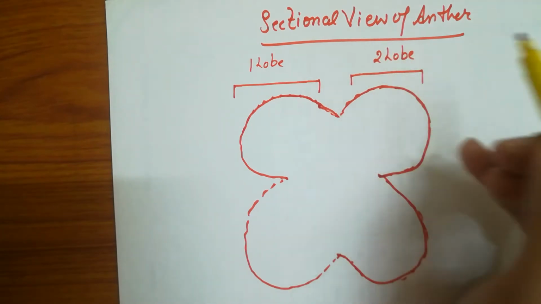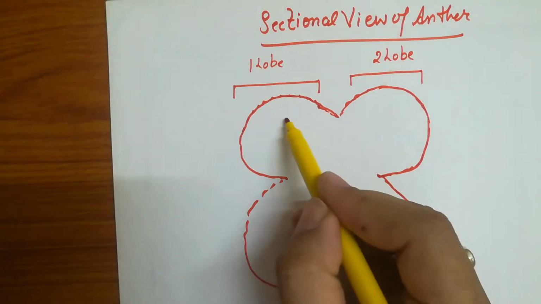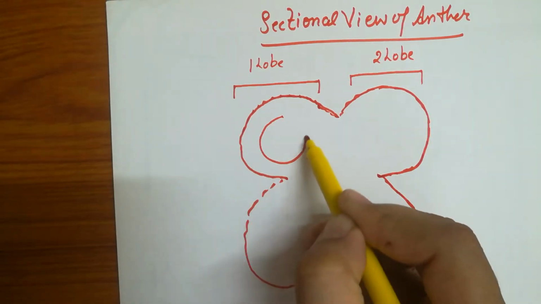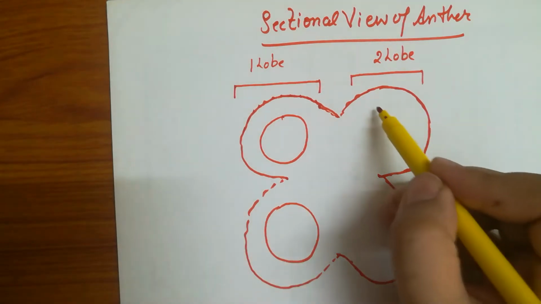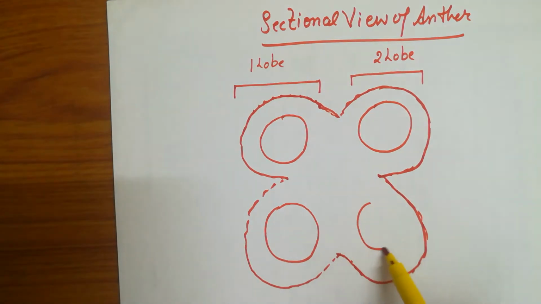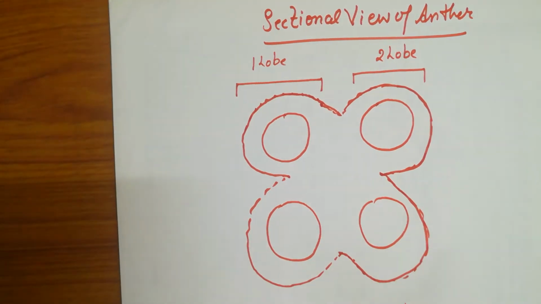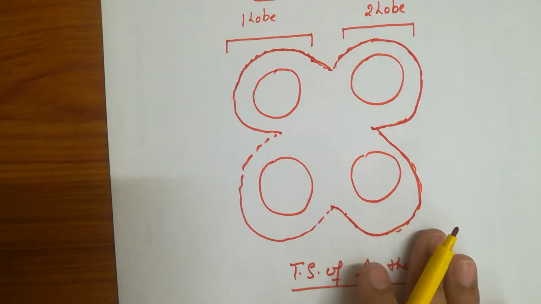Now, each lobe has how many pollen sacs? Two pollen sacs. So let's draw the pollen sacs. This is one, this is second, and here you also have to draw two pollen sacs, one and two. So this is our structure of the anther.